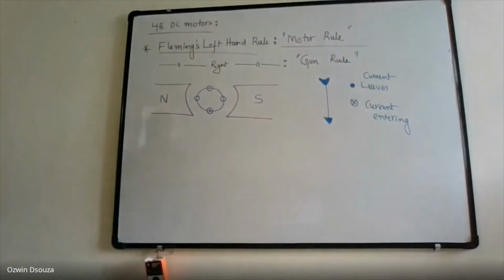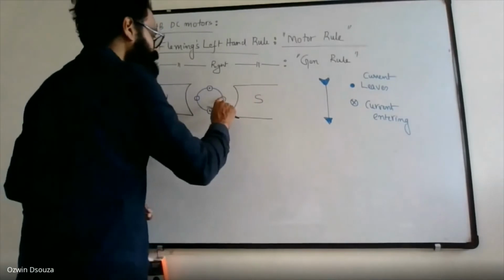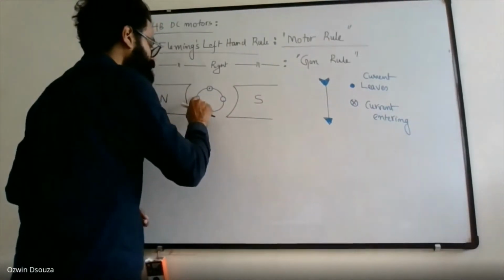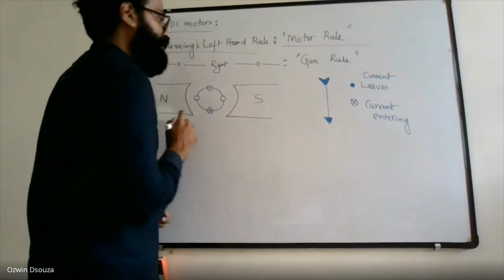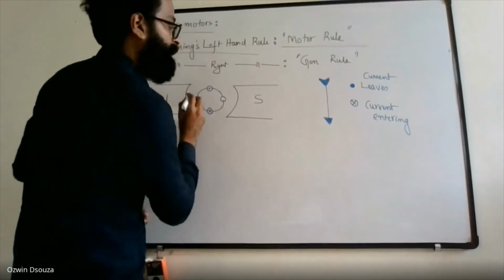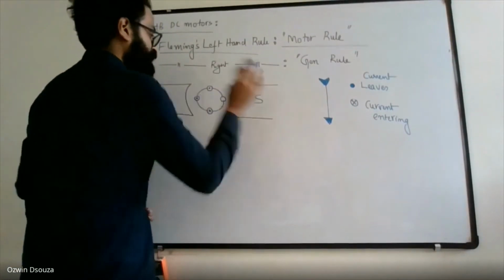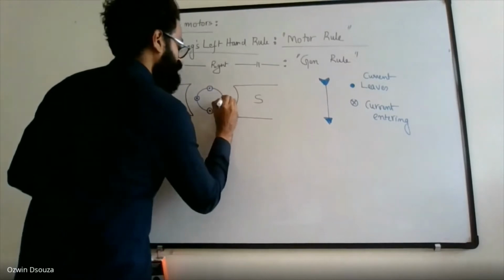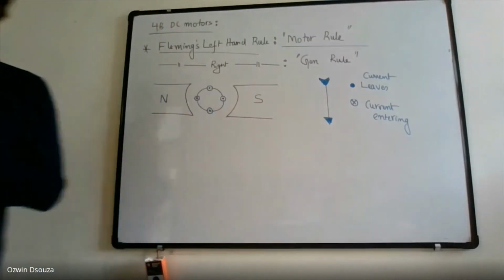That's all we have done. On one side it enters and on the other side it leaves, or vice versa. Similarly, let us say on this side the current is entering, and on the other side the current is leaving.